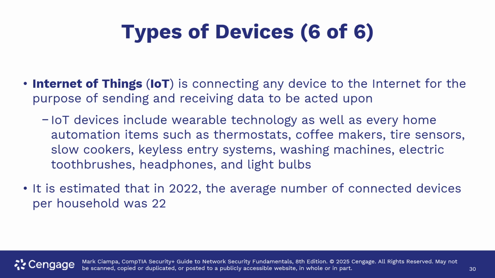So home automation items: thermostats, coffee makers, tire sensors, slow cookers, keyless entry systems, washing machines, electric toothbrushes, headphones, light bulbs, and more. It's estimated that in 2022, the average number of connected devices per household was 22. I think that's gone up since then.